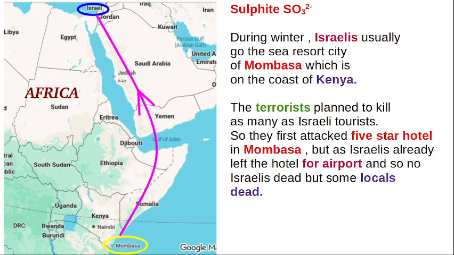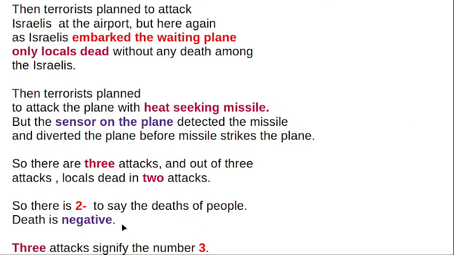Then the aeroplane took flight into the air, going towards Israel, as the pink color arrow shows. Then the terrorists fired a heat-seeking missile towards the aeroplane.